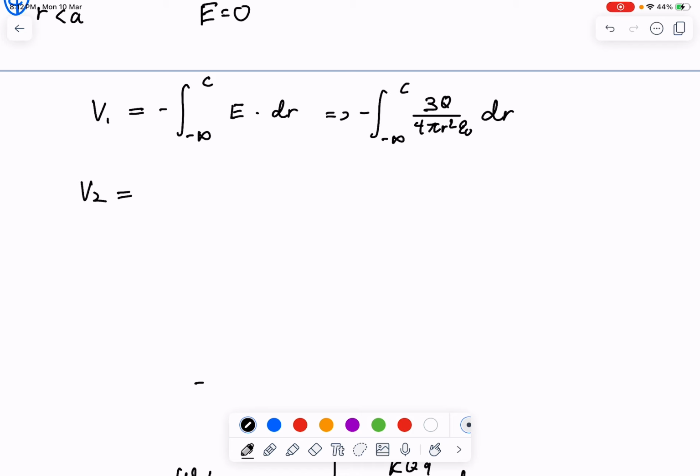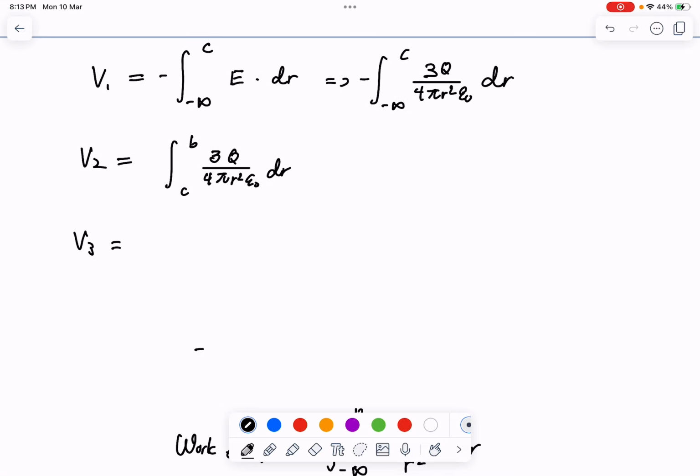So what I'm basically saying is that from C to B has an electric potential magnitude of Q over 4 pi r squared epsilon naught dr.